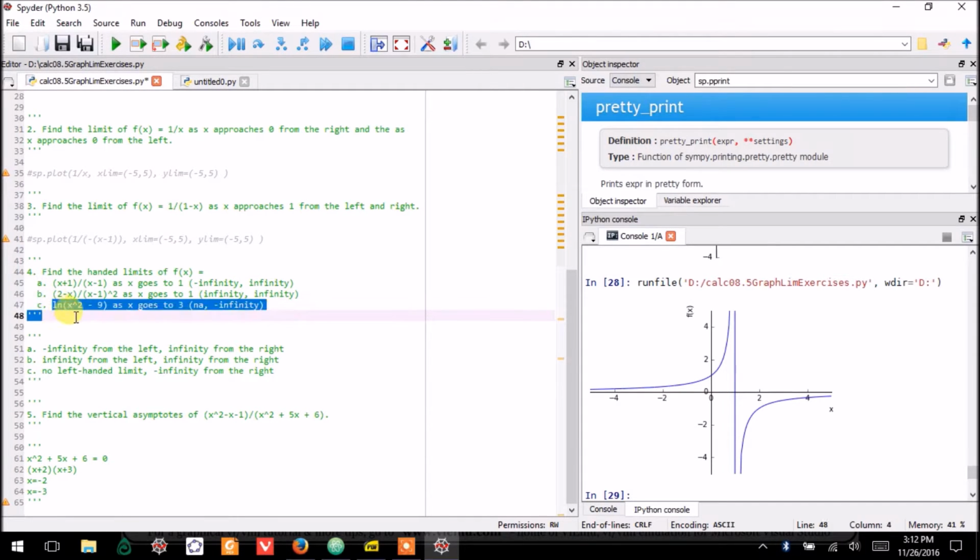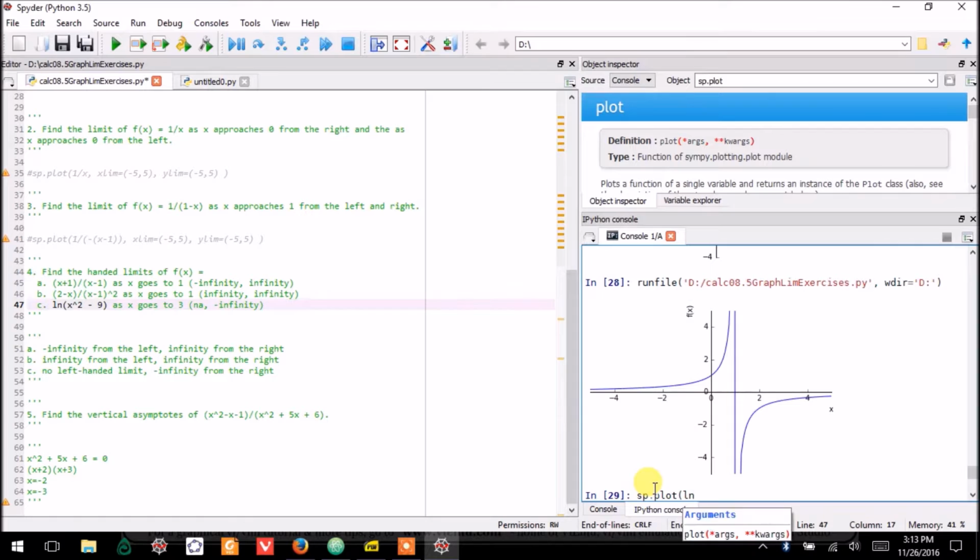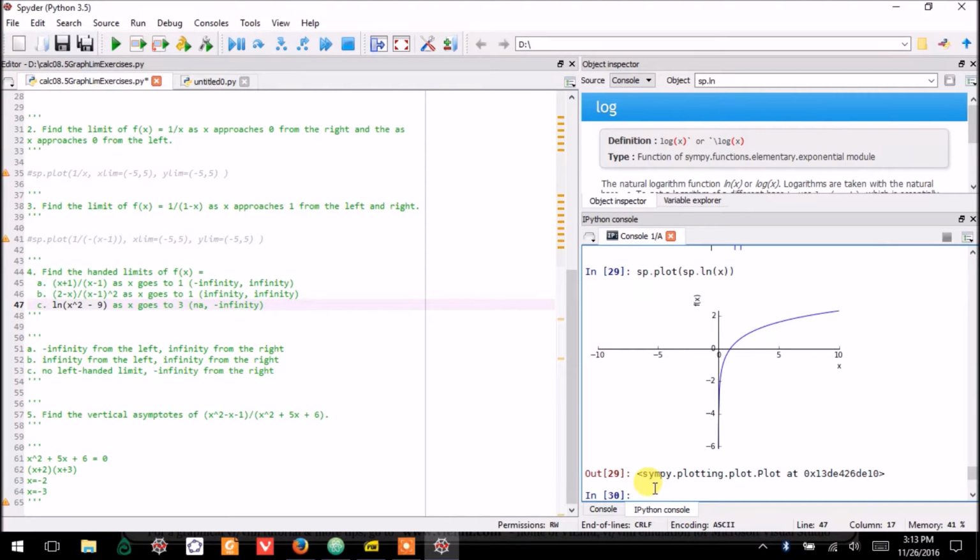And we should know that ln, let's go ahead and graph ln, just to make sure that the graph of ln of x is familiar. And there it is. You can see that as x approaches 0, the function goes down to negative infinity. That should be familiar from high school. So as we approach from the right, the limit is negative infinity.